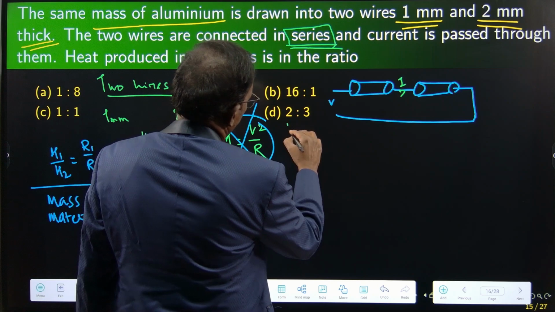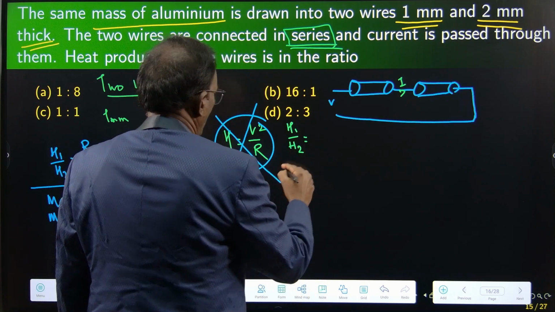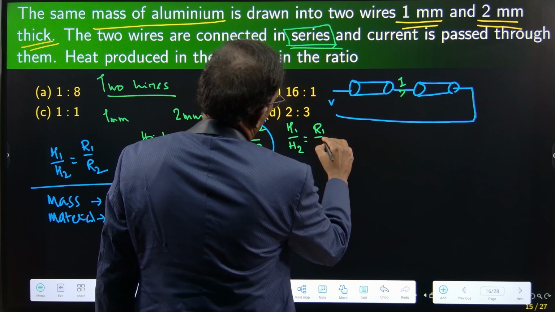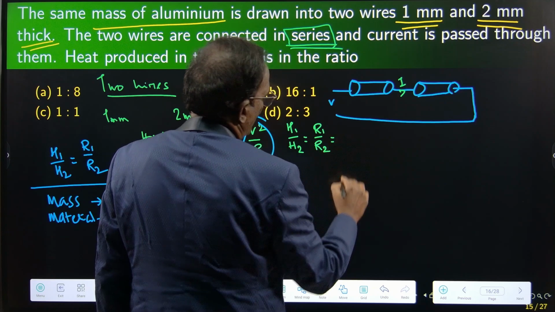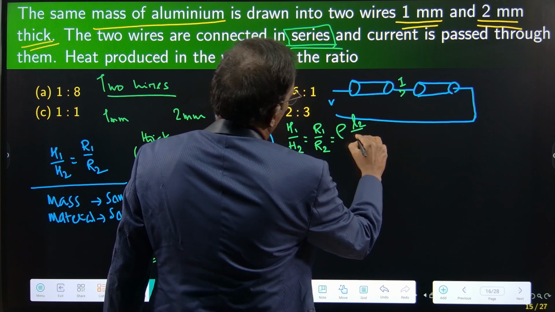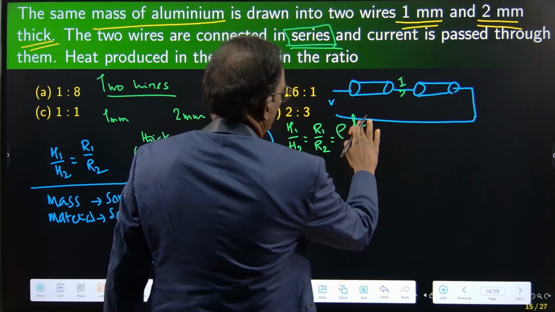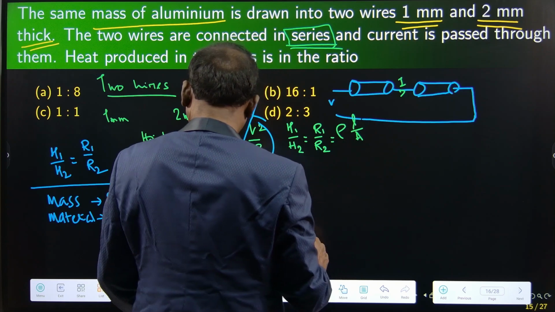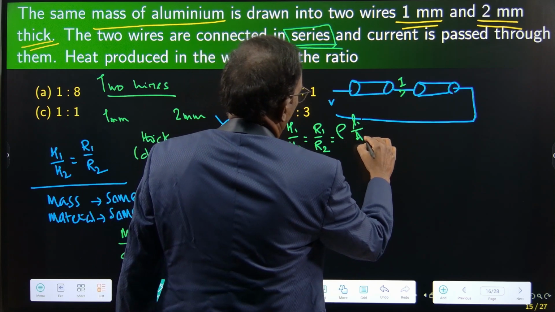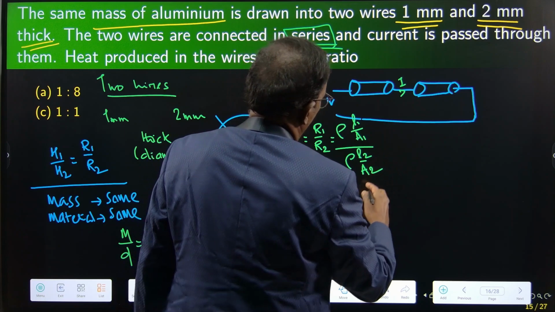H1 by H2 is R1 by R2, which is rho L1 by A1 divided by rho L2 by A2.